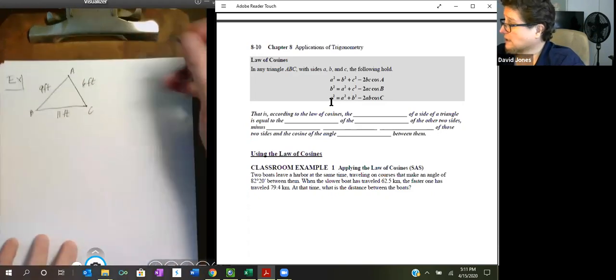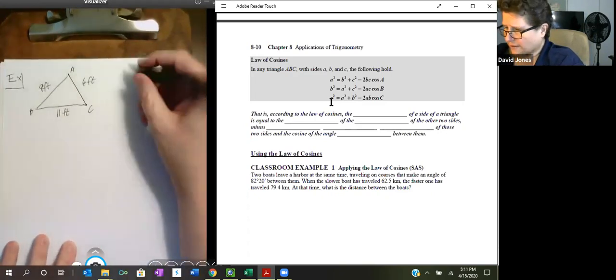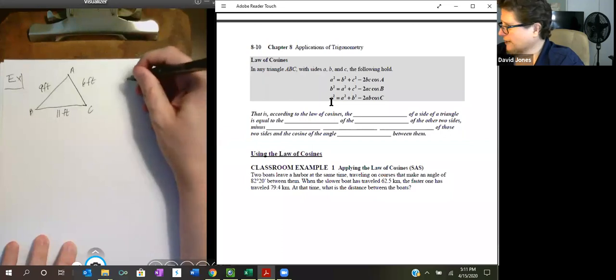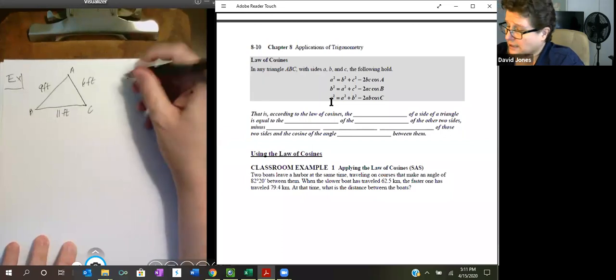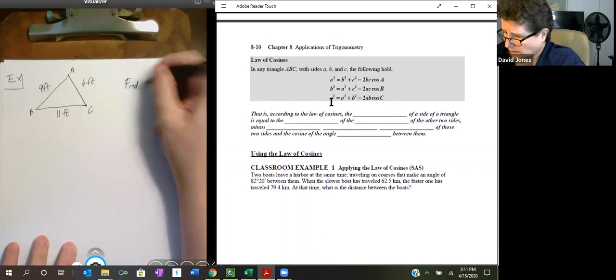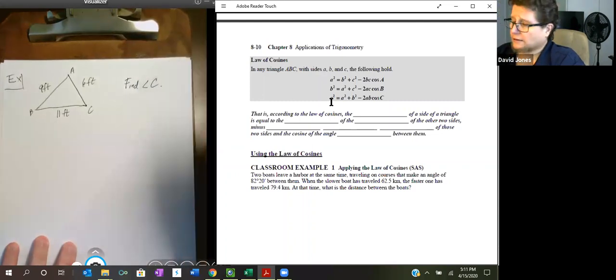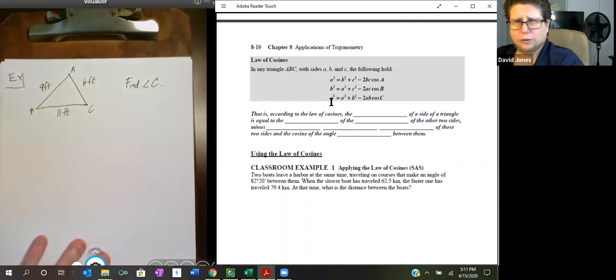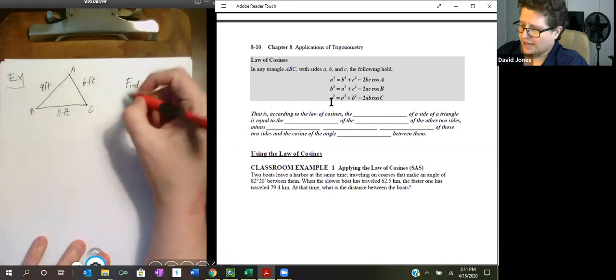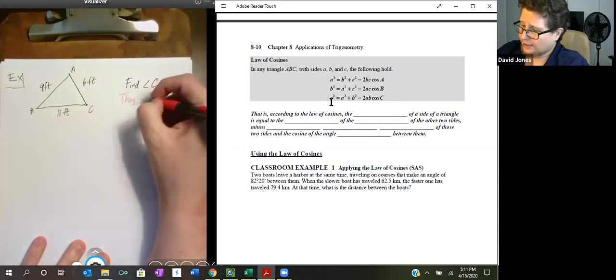Let's just start off. We'll find angle C. I think this shows up in one of your problems, like in MATLAB. And from there, they would go on to find the other angles.